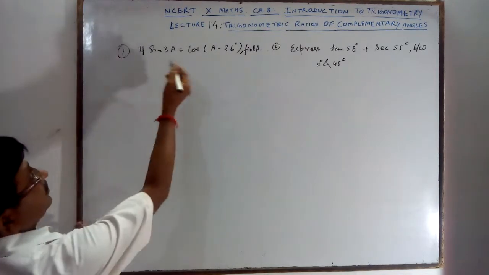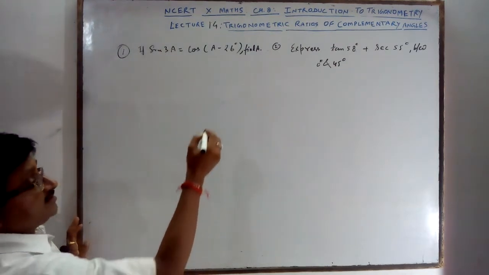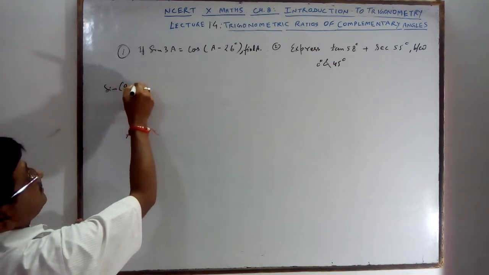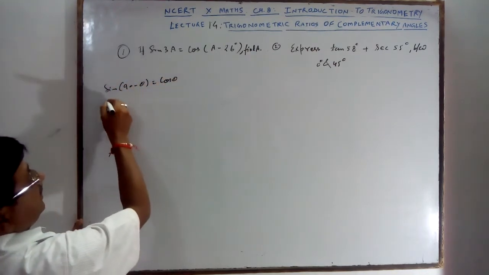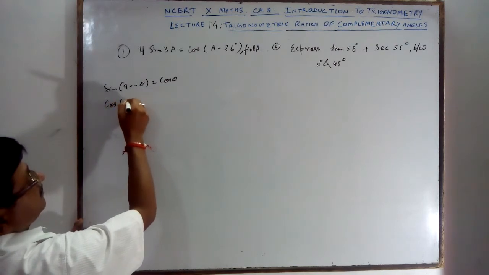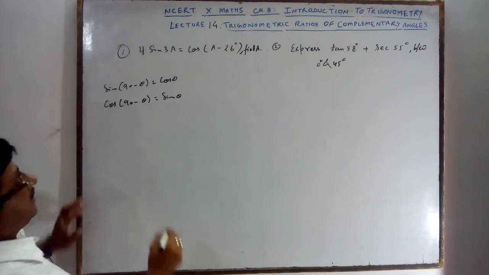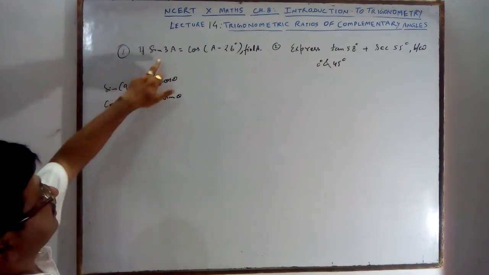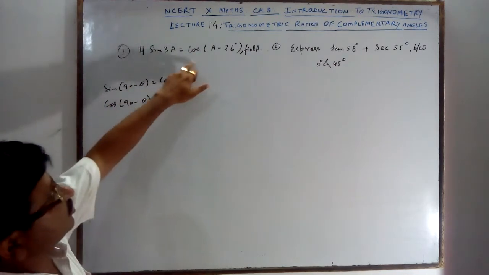You apply the rule. Sin(90 minus theta) is cos theta, and you write cos(90 minus theta) is equal to sin theta. So in place of sin theta, you can write cos(90 minus theta). Because the right side is a cos, the left side you also change into cos.